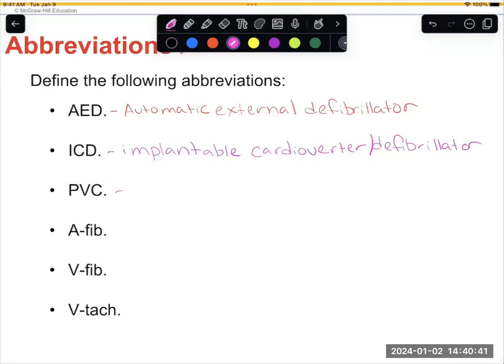PVC is premature ventricular contraction. AFib, atrial fibrillation.